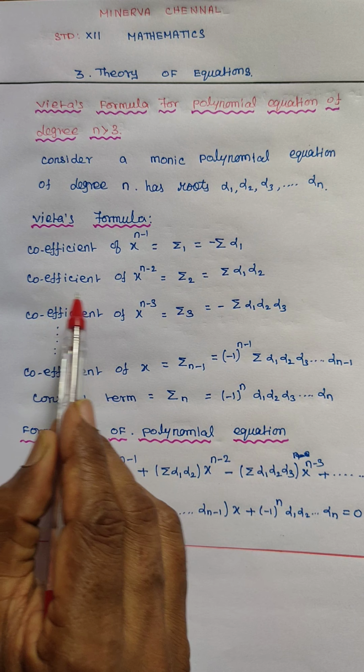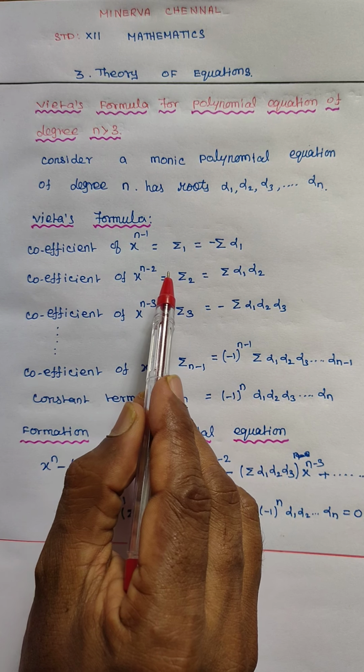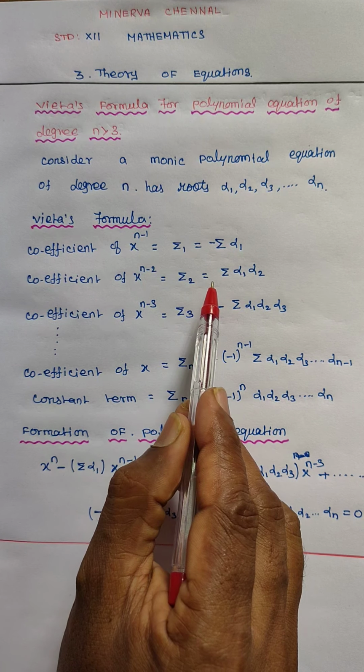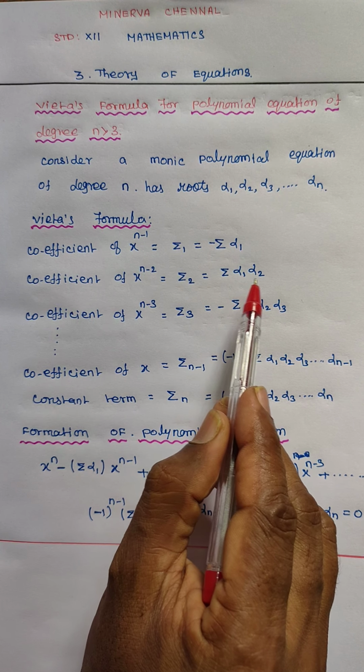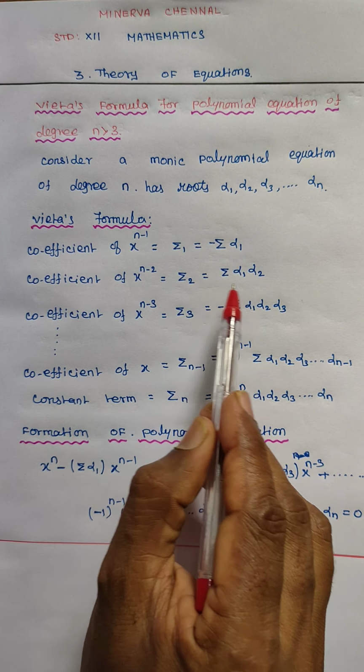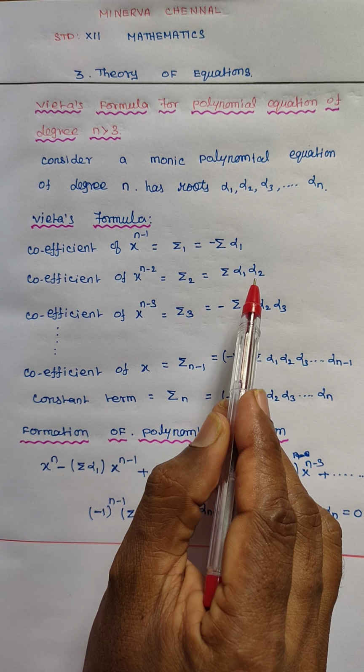Next, the coefficient of x power n minus 2 is equal to summation of alpha 1 into alpha 2, that means the sum of product of all the roots taken 2 at a time.